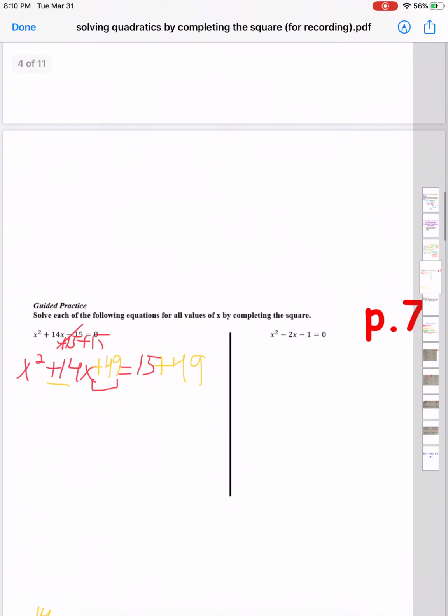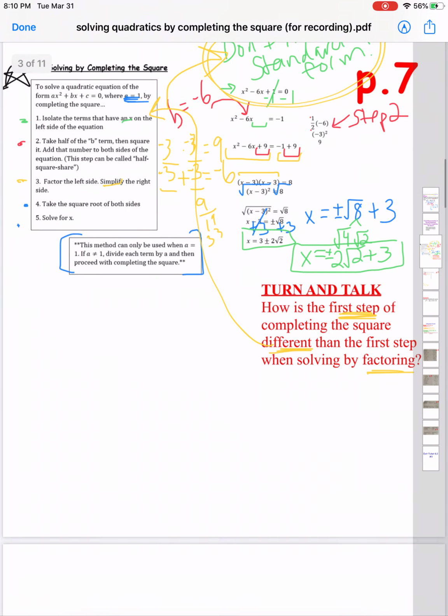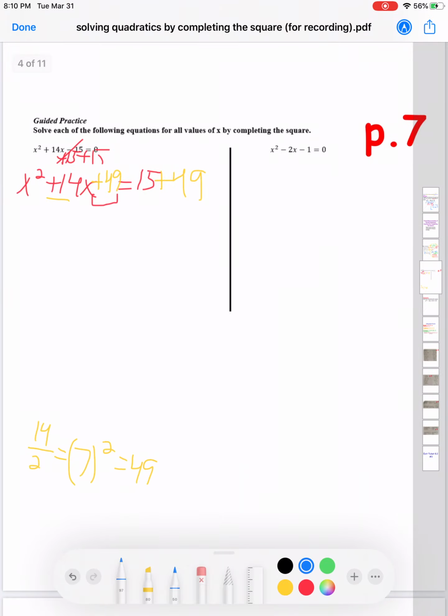Now we're up to step 3 in our notes, which says to factor the left side and simplify the right side. In this problem, I'm going to factor the left side. Again, I notice this is a regular trinomial. I can go right to my 2 binomials here, starting them both with x. Then I ask myself, what 2 numbers multiply to 49 but add to 14?